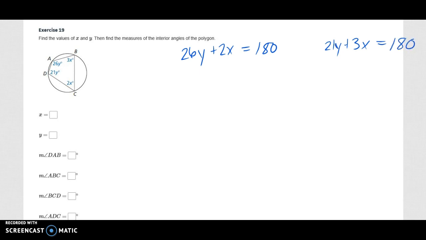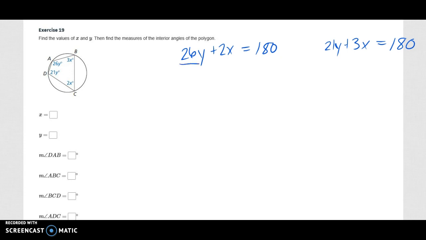Okay. Now, the problem with these two equations is they both have an x term and a y term in the same equation. So, in order to be able to actually solve for x or y, we want to rewrite one of our equations so that the x or the y variable is by itself.